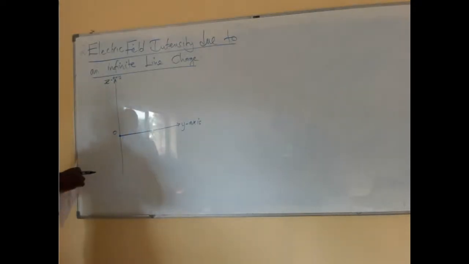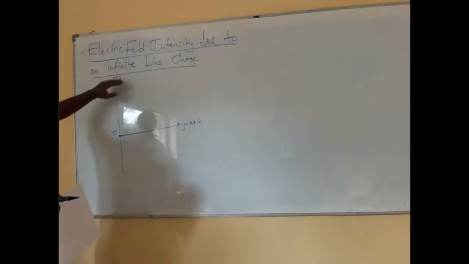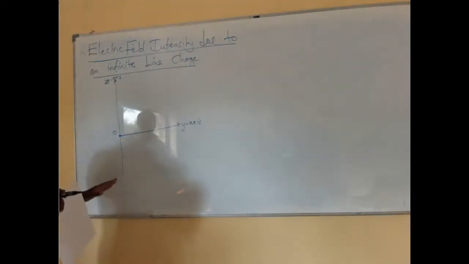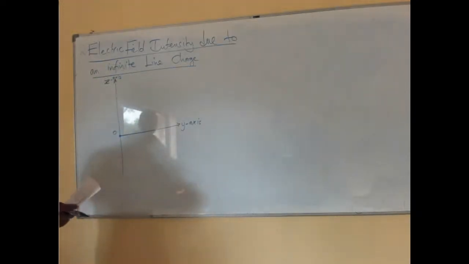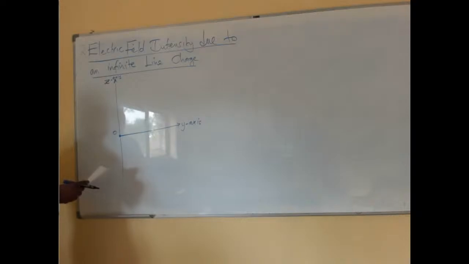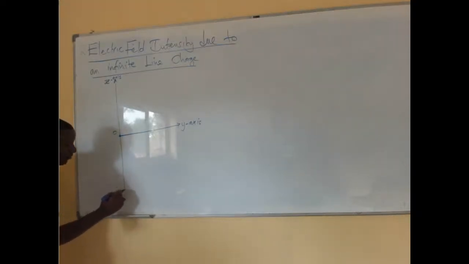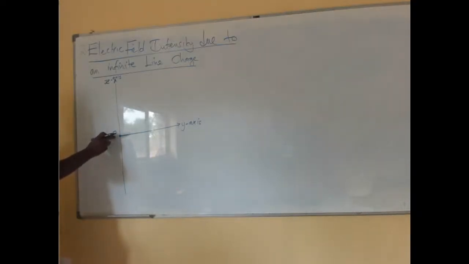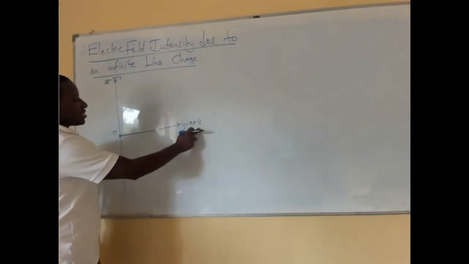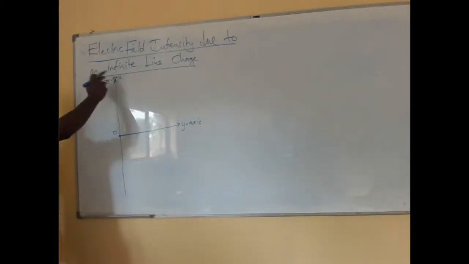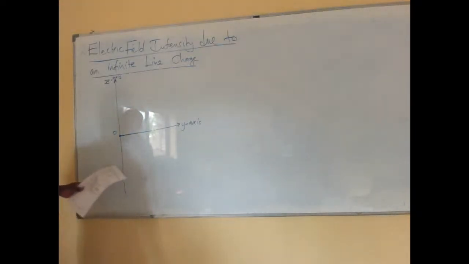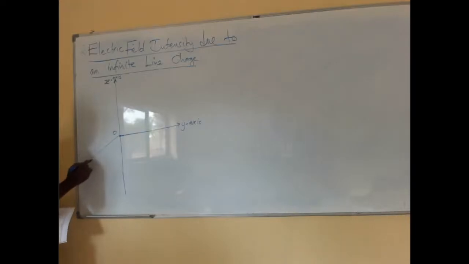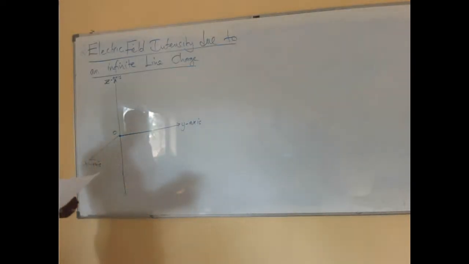When we say infinite, it means that this line is not ending. If we say finite, it means that we are able to quantify the length of the line. We can extend this to be our x-axis so that our diagram looks a little bit complete.